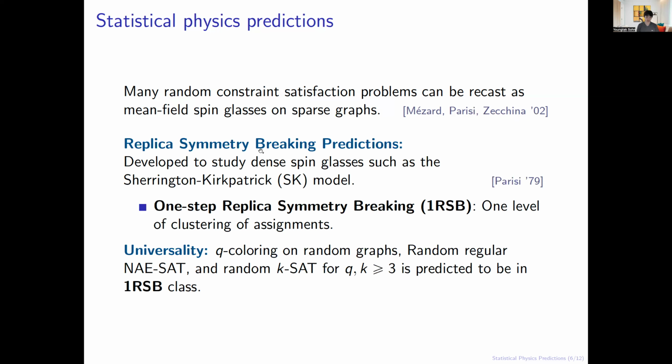One highlight is that physicists predict universality for many of the models in random CSPs, namely Q-coloring on random graphs, which is an example of a random CSP, and also the models that we discussed, the random regular non-equal SAT model and the random K-SAT model for Q and K greater than 3, which are predicted to be in the same 1RSB class.